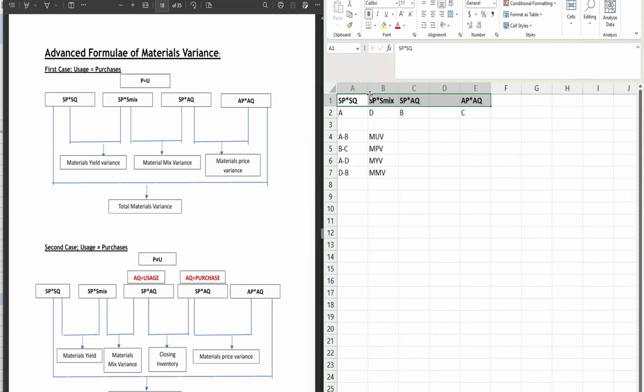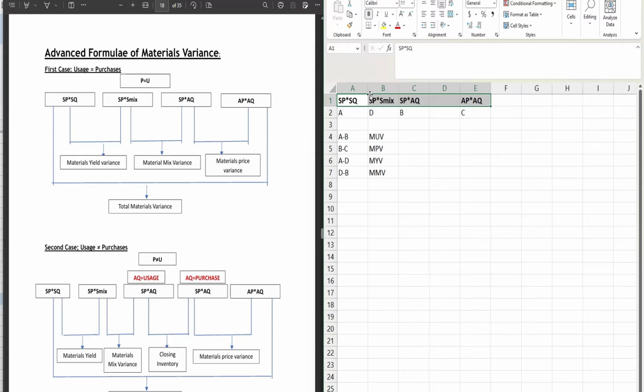Now the question is why material mix and yield variance arise. Suppose we are manufacturing biscuits. There are lots of materials being used, like flour, sugar, and some decorative item like jeera. By mixing all of them, the final product, biscuits or cookies, will be prepared.